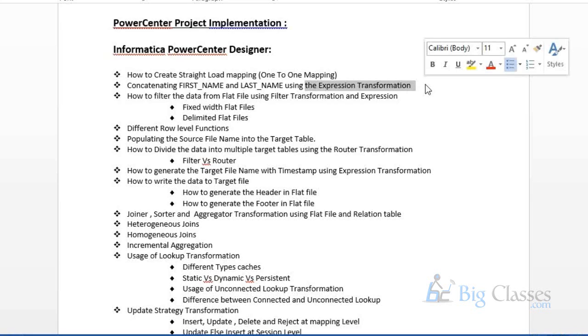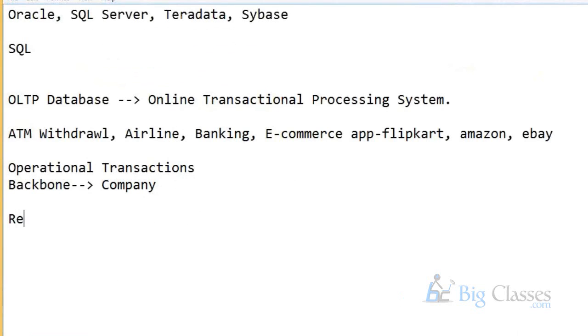I'm not going to explain every transformation with a simple example. Wherever they are used in the real environment, I'll take the same example here. I'm going to take a sample retail project, which you can consider a case study or a mini project.